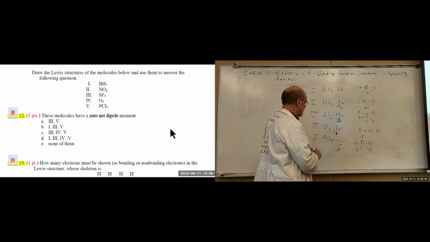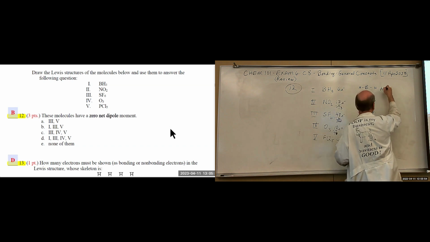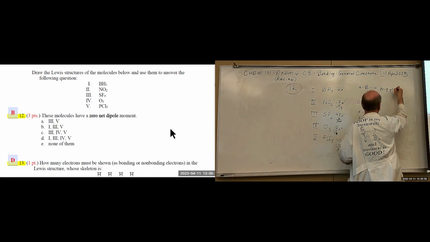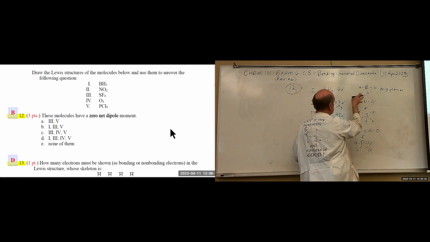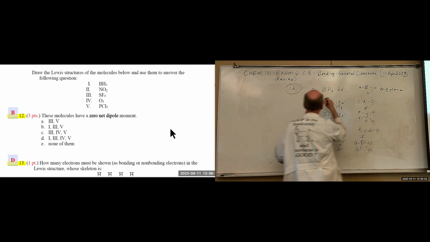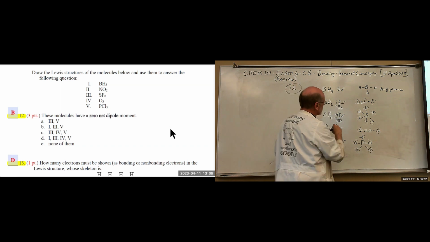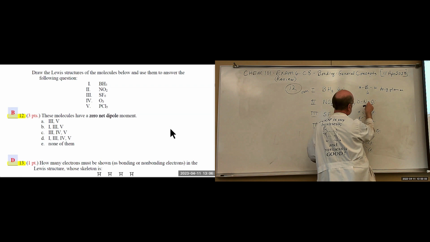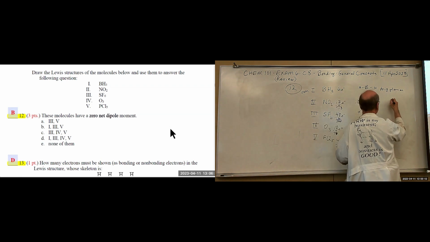Okay. So now the structures, right? This is trigonal planar. Right, so it's a regular shape, so no dipole moment. None. This one has 1, 2, 3, so it's trigonal planar electronically.